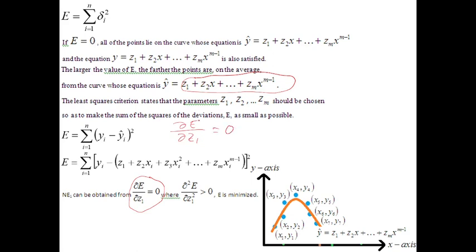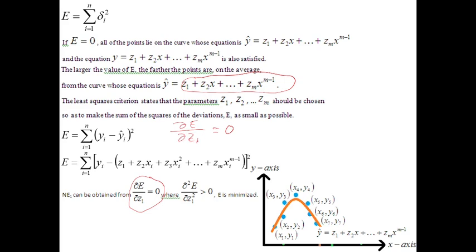So when we take the partial derivative of E with respect to z sub 1, which is our first parameter, and then equate it to 0, we are able to derive the first normal equation.